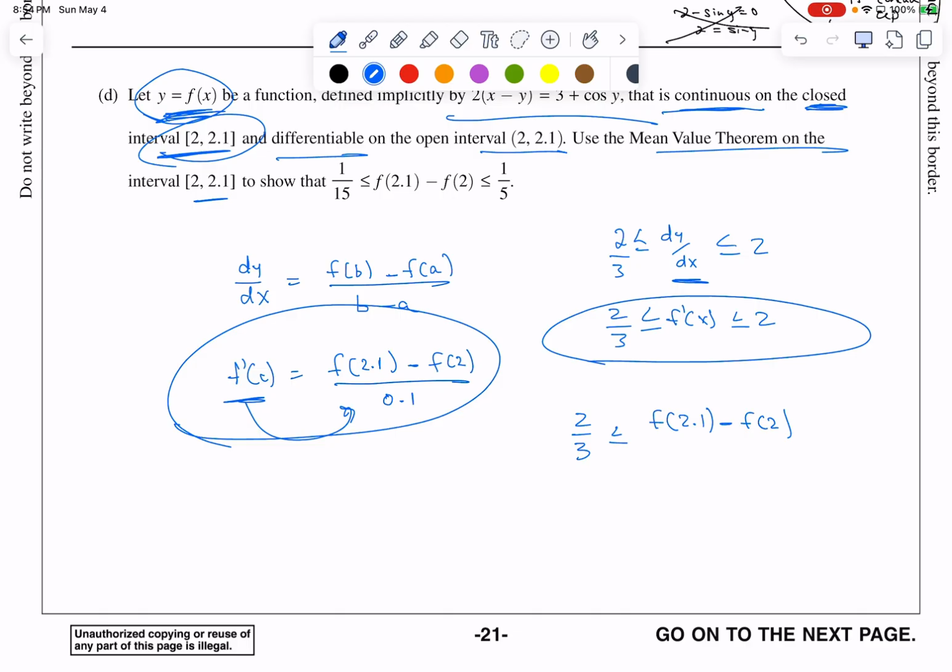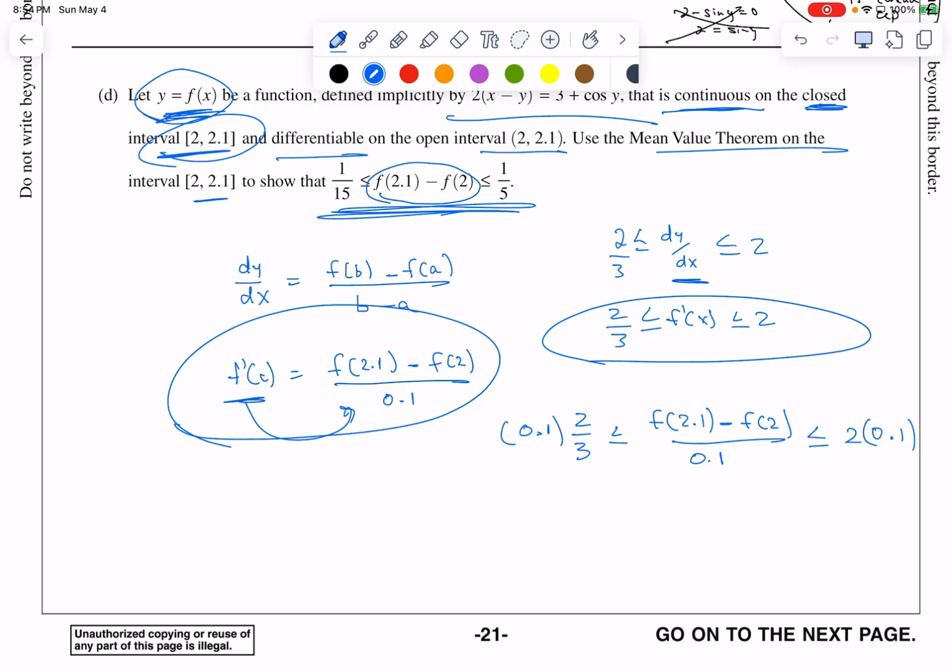Now I'm using this inequality statement. Now watch carefully. This is actually pretty easy. It wants us to show this. Well, we're almost there. All I got to do to solve for f of 2.1 minus f of 2 is multiply both sides by what? I got to multiply this by 0.1 and this by 0.1. And let's see if it equals that.